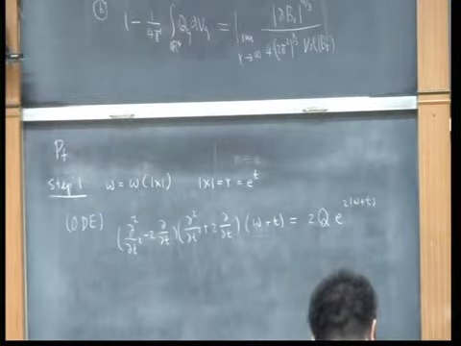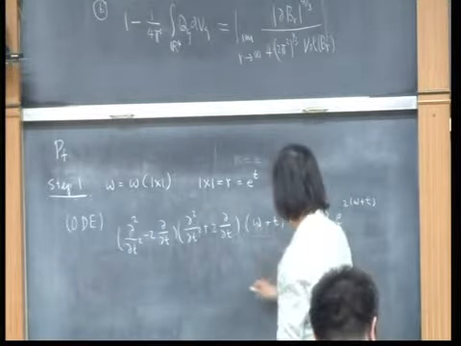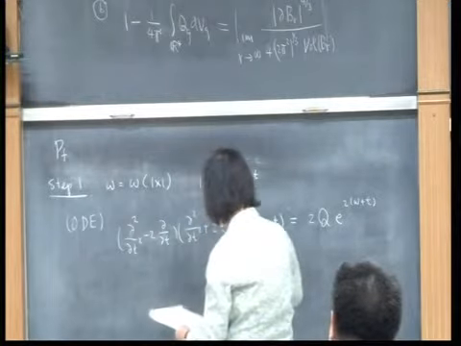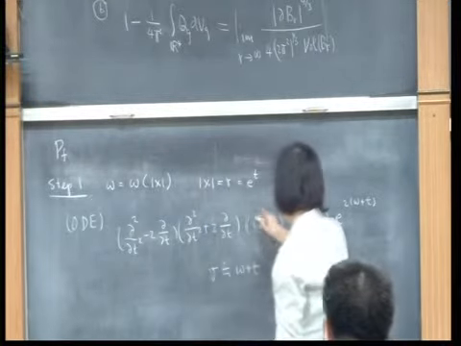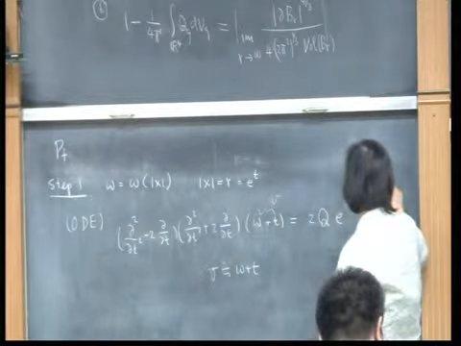Using this coordinate, I just write it down. That suggests one should look at this function v defined to be w plus t. So this is my v, which satisfies this fourth order ODE.